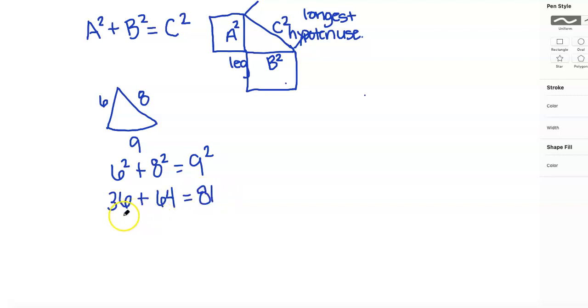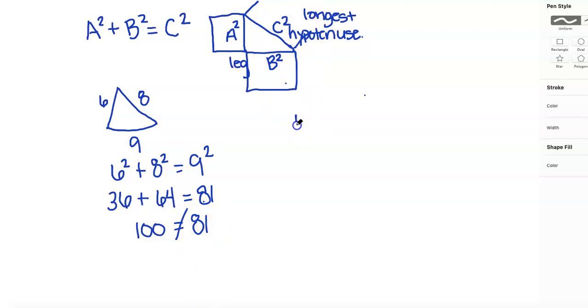So now I need to add these two. 64 and 36 is equal to 100. Does 100 equal 81? No. So this is not the Pythagorean theorem. I cannot say that a squared plus b squared equals c squared, because a squared plus b squared does not equal my c squared.